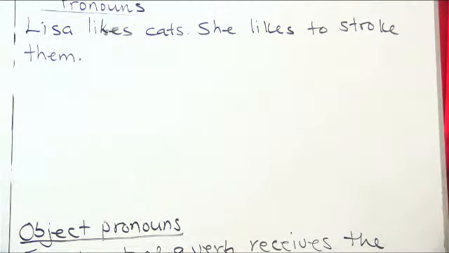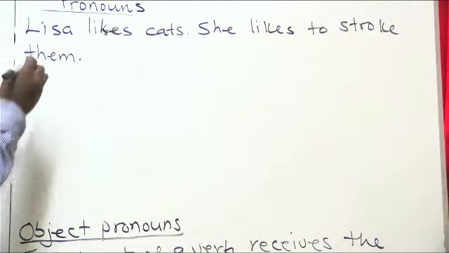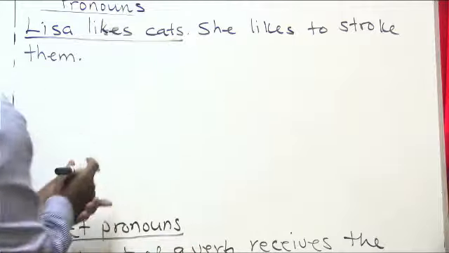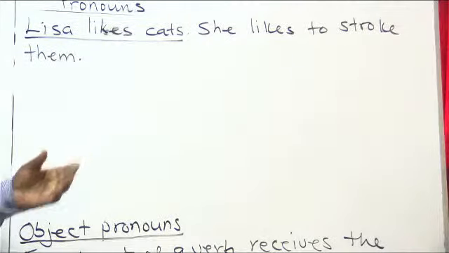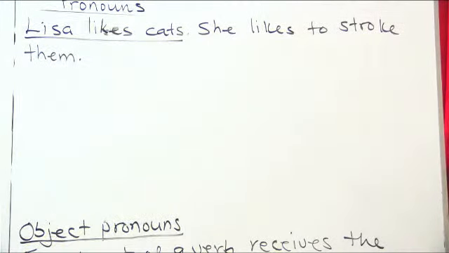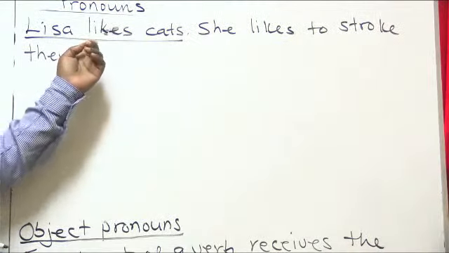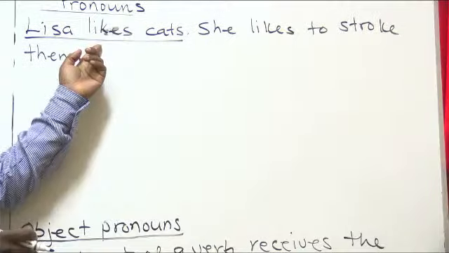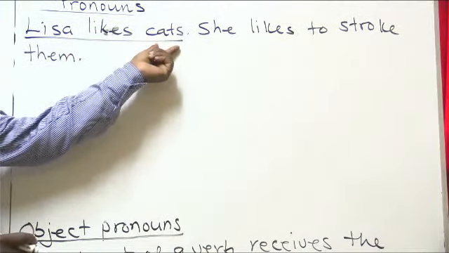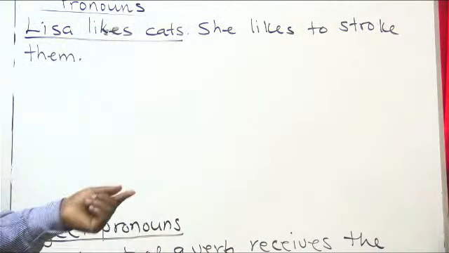Okay, so in our first sentence, the noun cats is the object of likes. Okay, the noun cats is the object of likes.